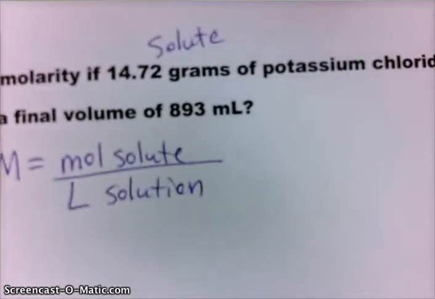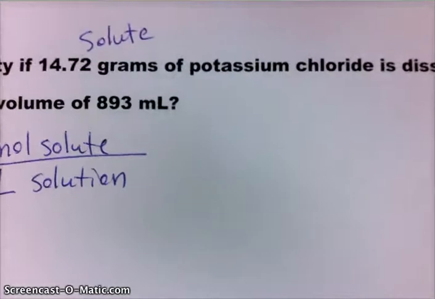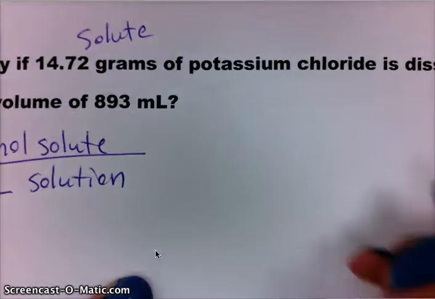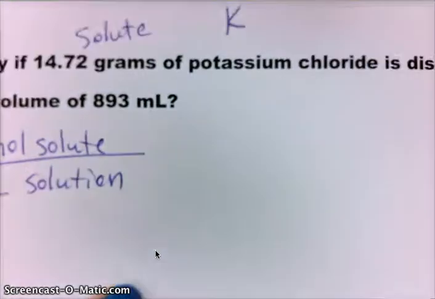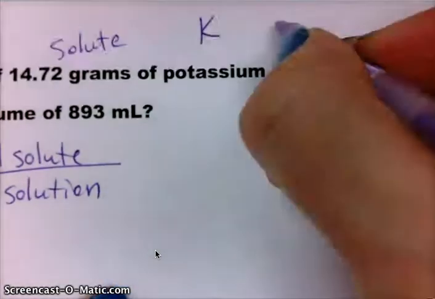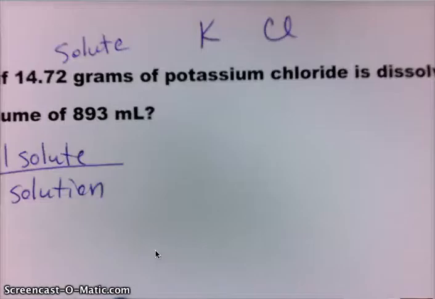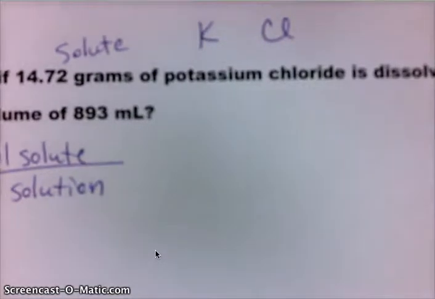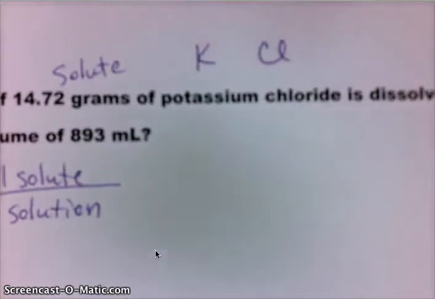To convert from grams to moles, I need to know what potassium chloride is. So potassium is K. Chloride stands for chlorine, which is Cl. So I need to make the formula for potassium chloride. Whenever we put a metal and a nonmetal together, we have to look at the charges.